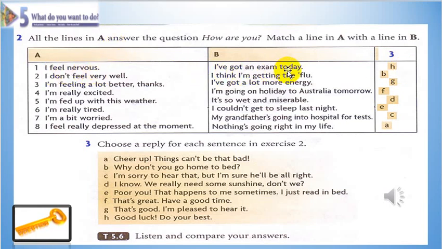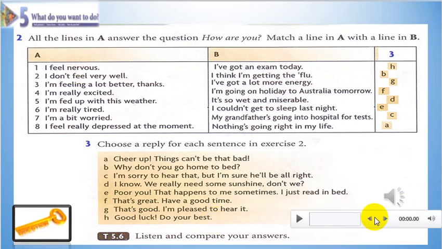I've got an exam today. Why I feel nervous? I've got an exam today. What is the comment on it? H. Good luck. Do your best. Okay. How do you feel? A question. I feel nervous. I've got an exam today. The other person says good luck. Do your best. Okay.